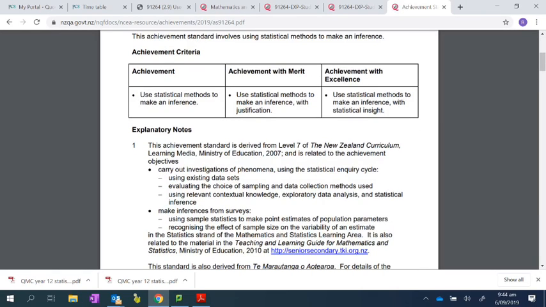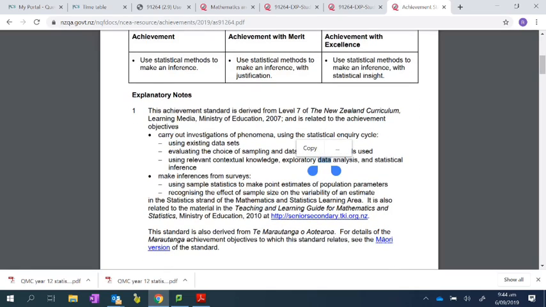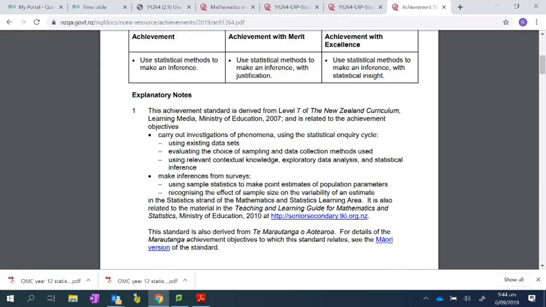So for the different levels, for achievement, use statistical methods to make an inference. So you're just going to make a judgment based on statistical data. With achievement with merit, use statistical methods with inference and justification. This is why I think this is going to happen based on the material we saw.